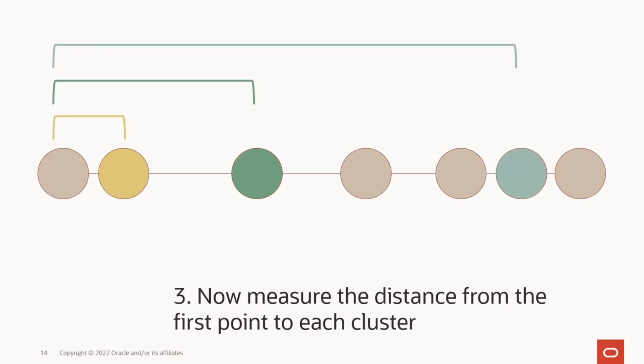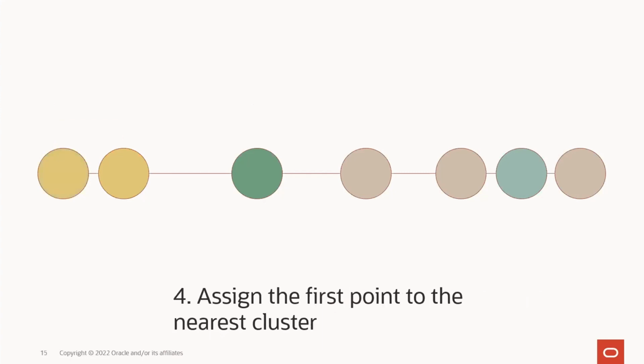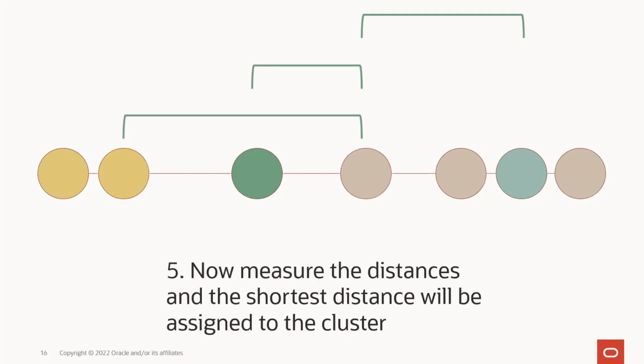In order to start assigning points to clusters, we need to measure the distance from the first point to each seed. We assign the shortest distance to the nearest cluster, as you can see here. We continue for each point, measuring these distances for the next assignment with respect to each of the seeds.